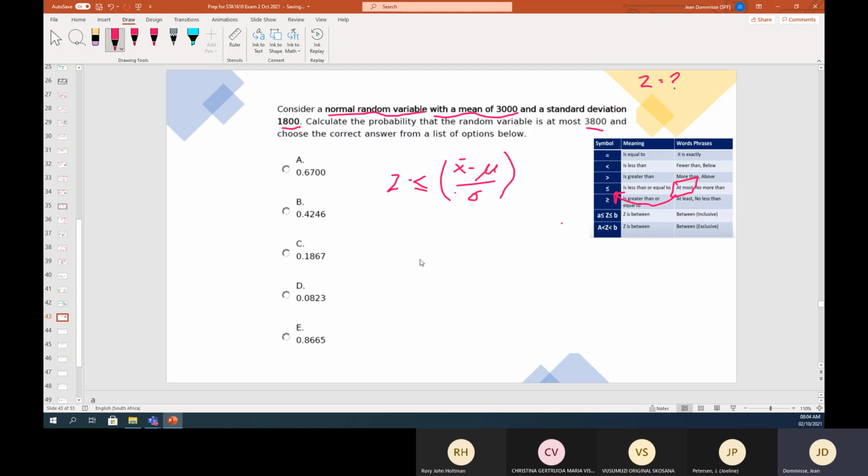Calculate the probability that the random sample is at most that.